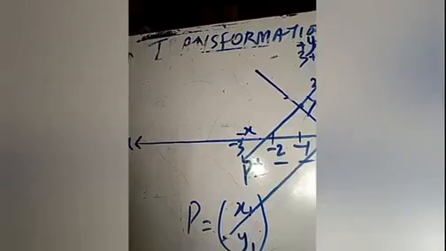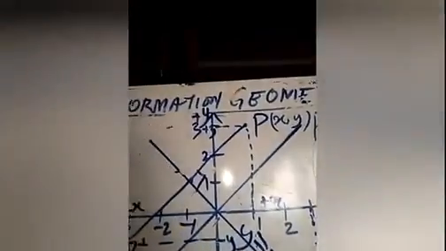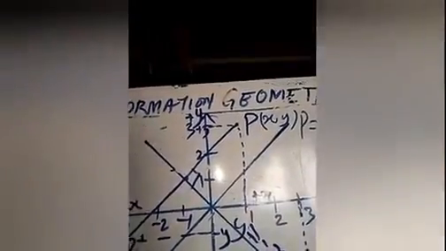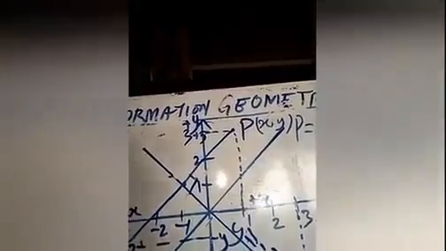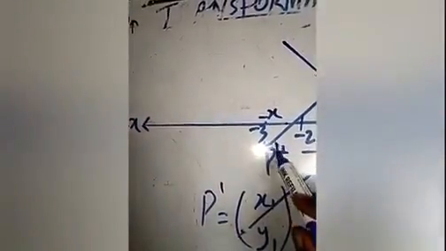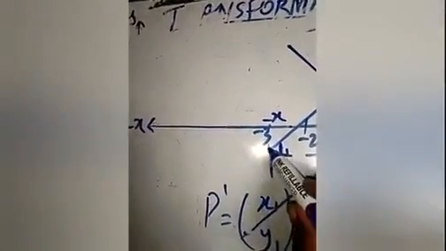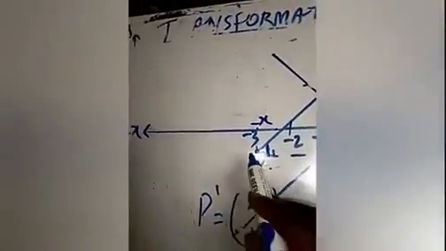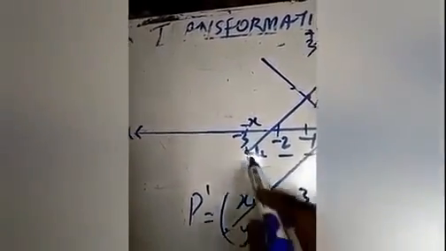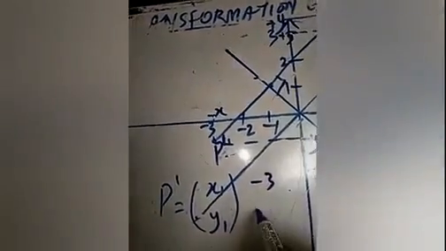Now let's go here. My x is 1, my y is 3. By the time I trace to my image here, my P prime at this junction, I will discover that my x is minus 3 and my y is minus 1.